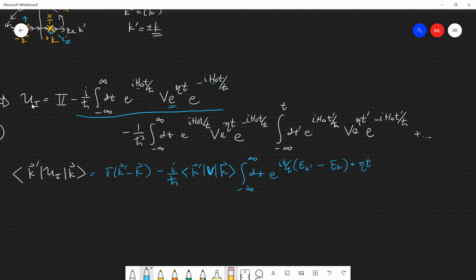So, okay, but you can actually do this integration. The idea is that we're integrating an oscillating thing from minus infinity to infinity, and the only contributions will come from the place where the exponent in here vanishes.